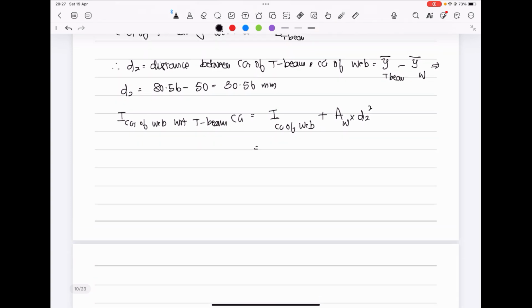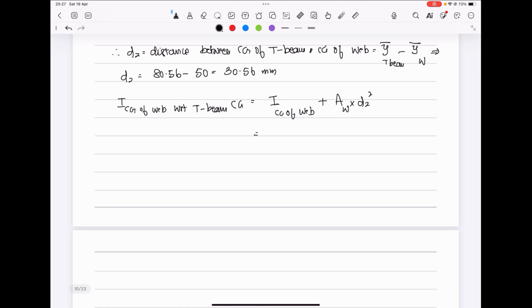ICG of web is nothing but BH cube by 12. What is the BH cube by 12? This is thickness of web into height of web whole cube by 12 plus area of web, 100 into 8, into what is D2?